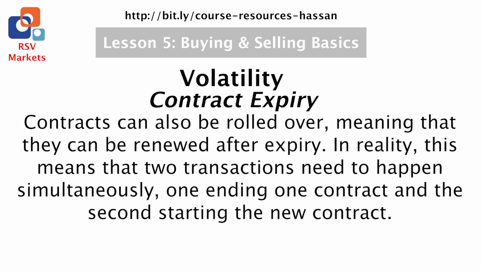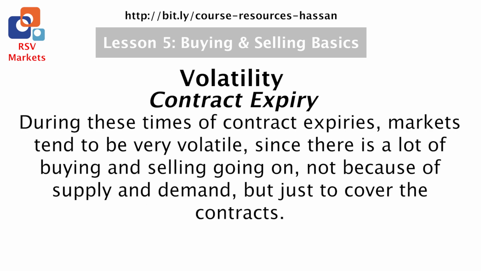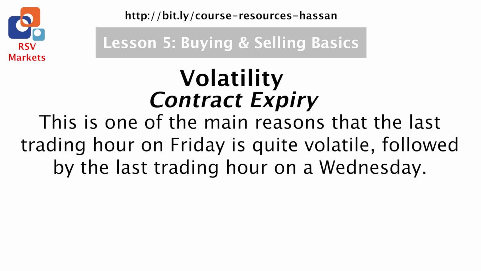In reality, this means that two transactions need to happen simultaneously, one ending one contract and the second starting the new contract. During these times of contract expiries, markets tend to be very volatile since there is a lot of buying and selling going on, not because of the supply and demand, but just because of the contracts. This is one of the main reasons that the last trading hour on Friday is quite volatile, followed by the last trading hour on a Wednesday.